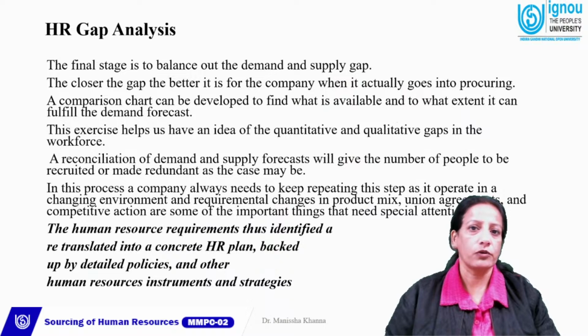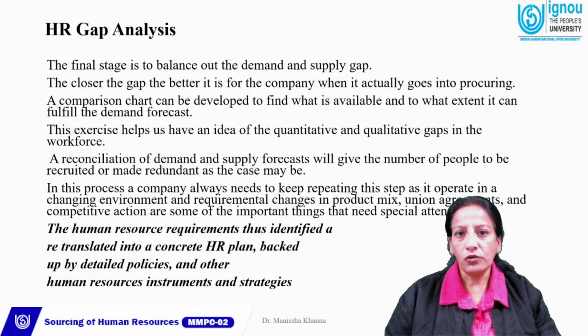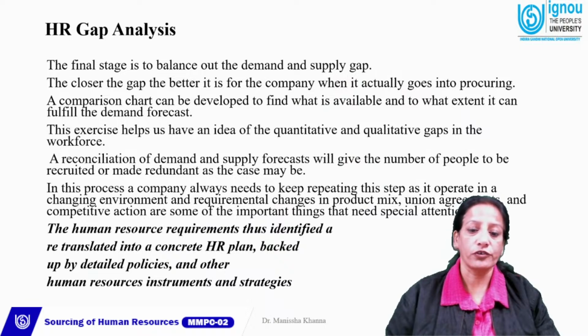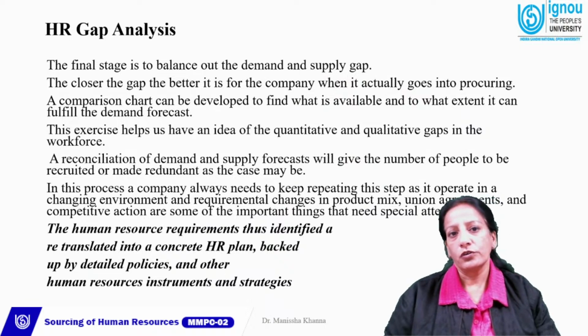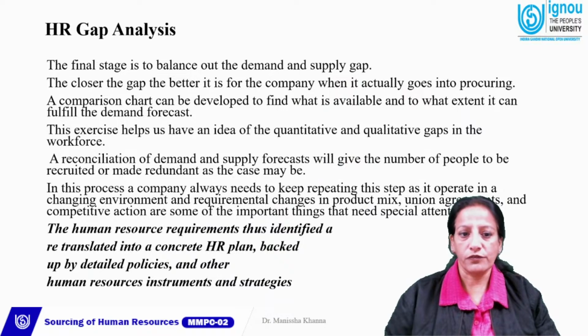The human resource requirements thus identified are to be translated into a concrete HR plan. It is backed by the policies, rules, regulations, and other human resource instruments and strategies, which involve not only the planning but also further analysis. Let's talk about job analysis, which then further strategizes into job description and job specifications.